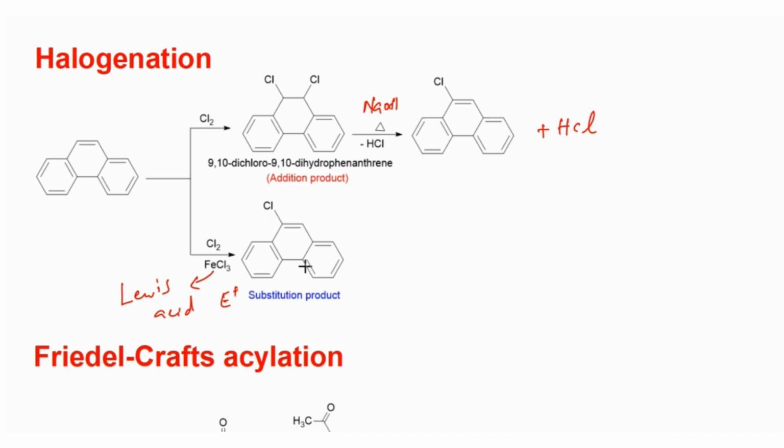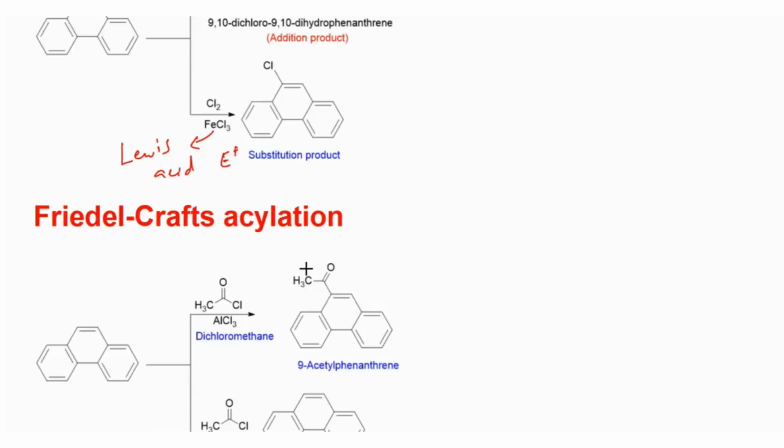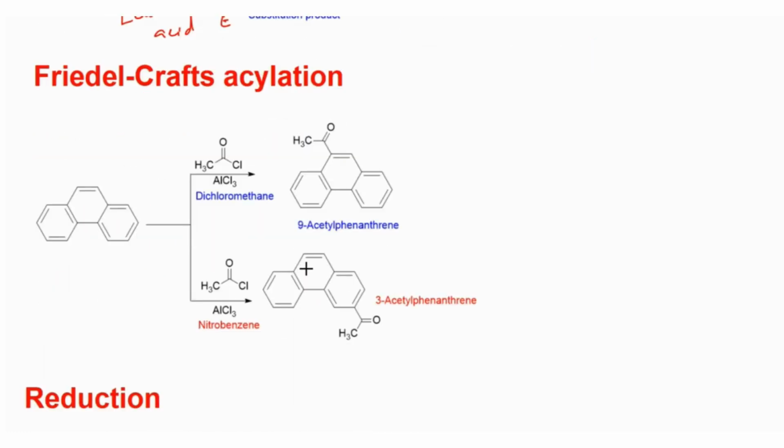Now we are going to see the Friedel-Crafts acylation. Here, as we discussed in naphthalene, if you change the solvent, we get selectivity.